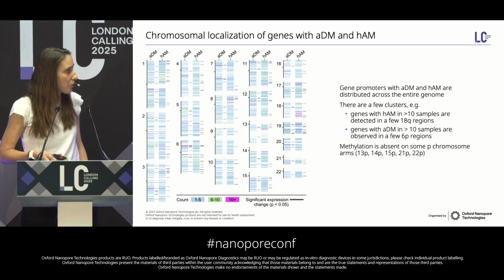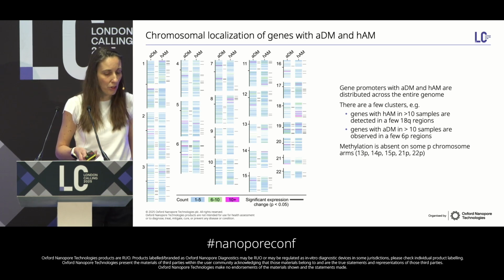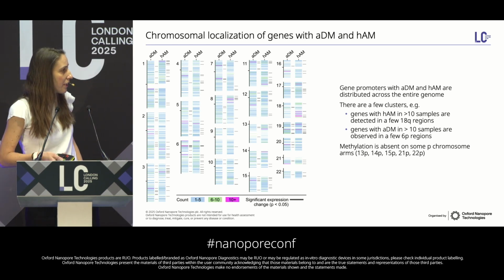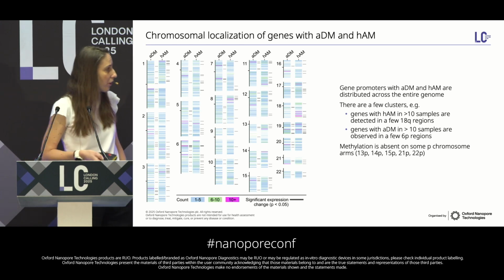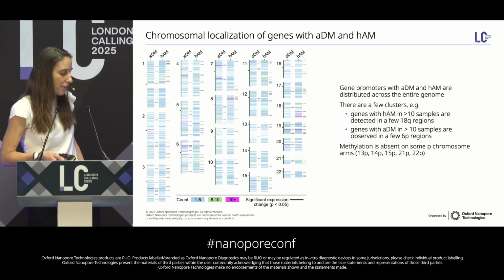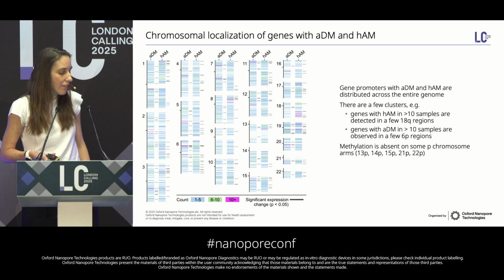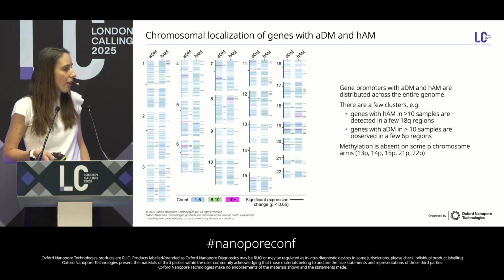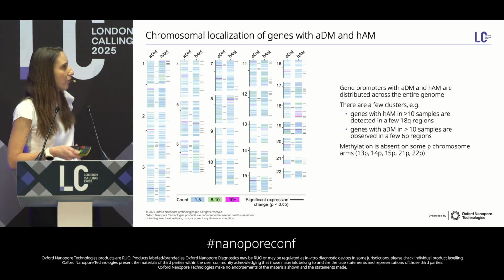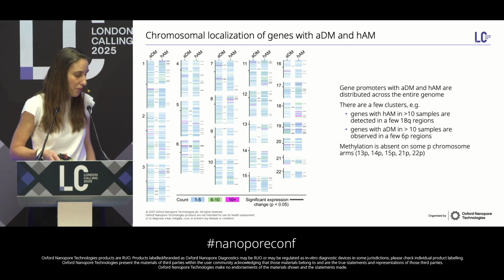When we look at the chromosomal localization of the genes with differential methylation, we found that they are distributed across the whole genome. Although we do see a few clusters, for example on chromosome 18q, there are several genes which show frequent HAM in more than 10 samples, and these regions often have allelic loss in the tumor samples because they contain tumor suppressor genes.